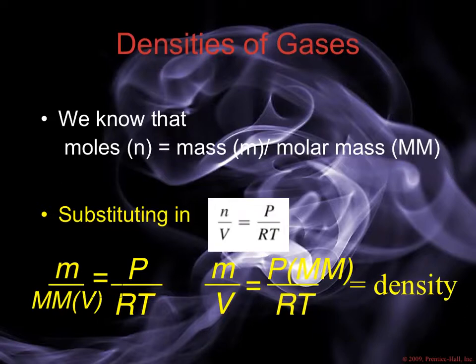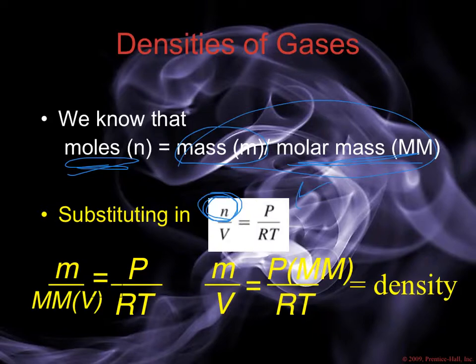if we were to make some substitutions, if I were to ask you, how do you relate mass and moles of a substance? You would, I hope, tell me that moles equals the mass of the substance divided by its molar mass. And so if I just substitute this relationship into this formula for n, so wherever there's moles, I'm going to say mass over molar mass.